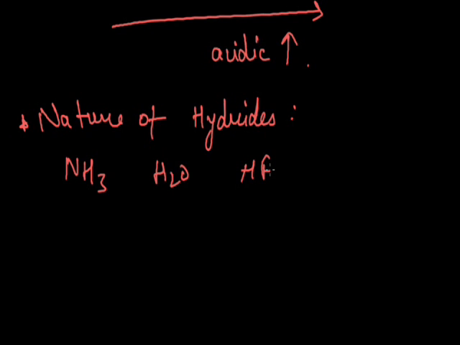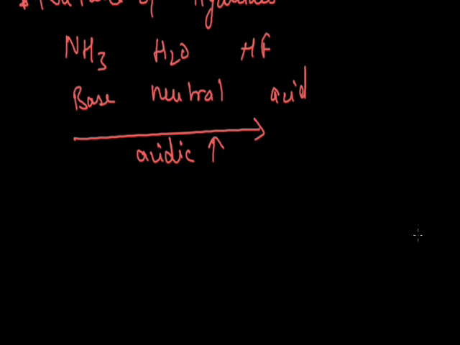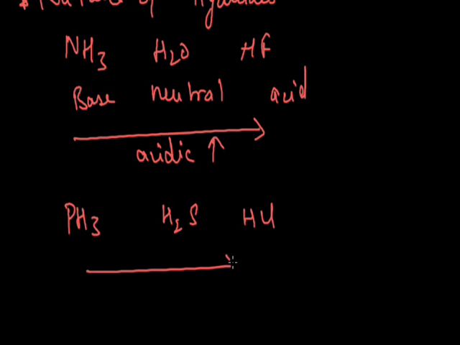On moving left to right in a period, we see that ammonia is a base, water is neutral, and HF is an acid. So, on moving left to right, acidic nature is increasing. In the same way, if you see PH3, H2S, HCl, the same trend we will observe, acidic nature is increasing.